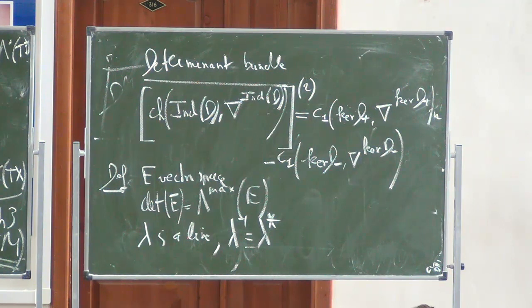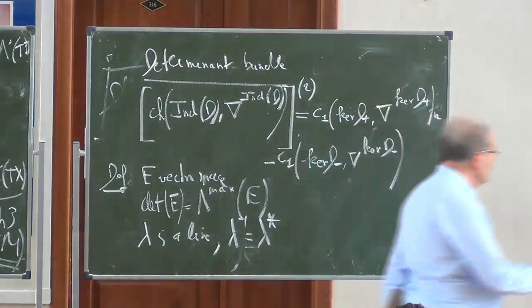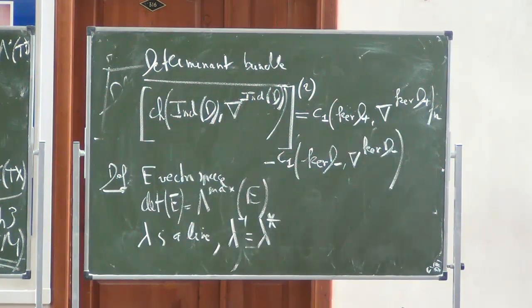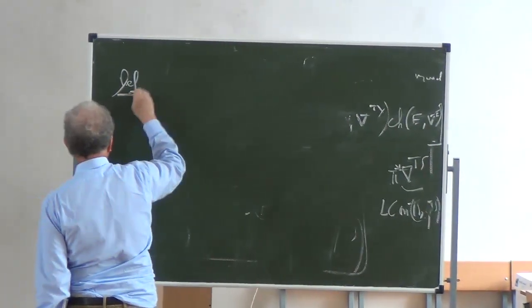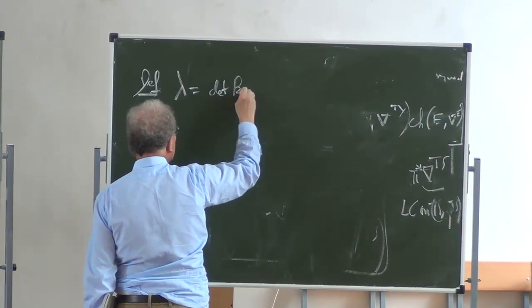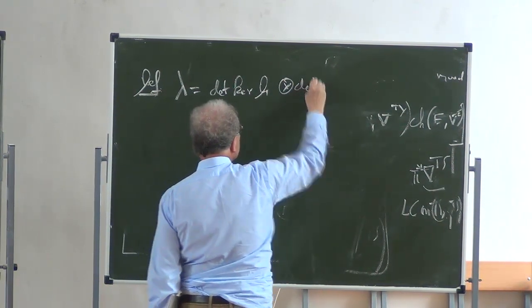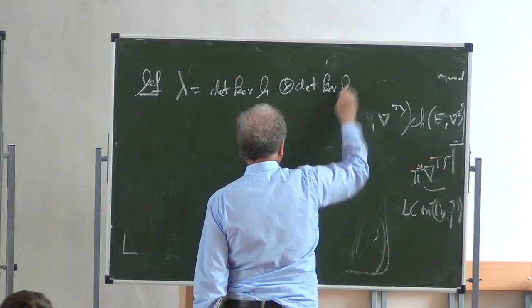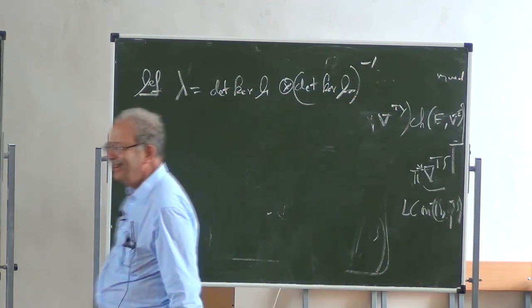I will not say too much about this, so that this notation is justified. So in effect, let me define the determinant bundle. Definition: lambda will be equal to the determinant of the kernel of D plus tensored with the determinant of the kernel of D minus, to the power minus 1.